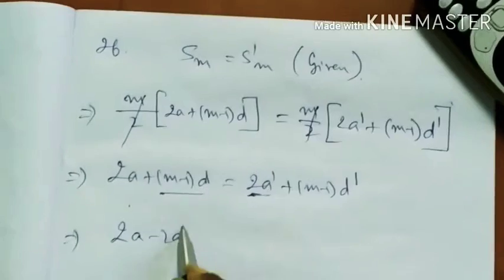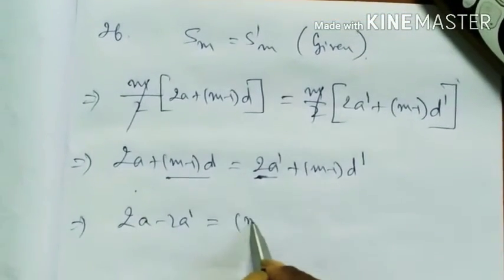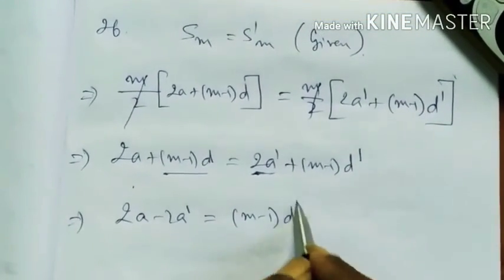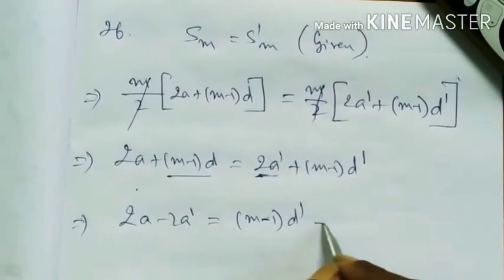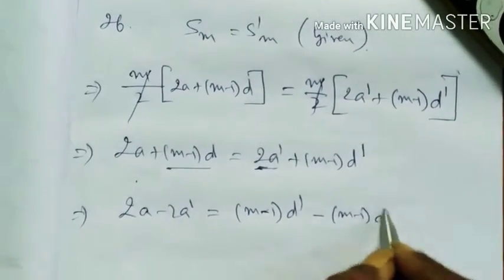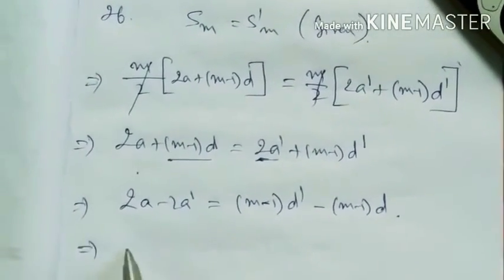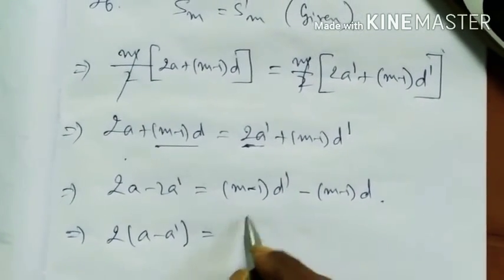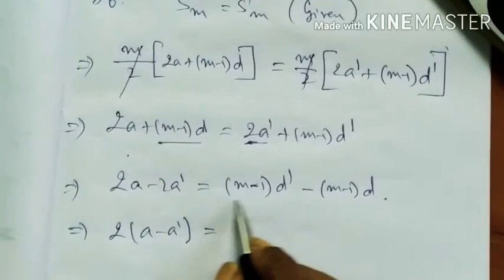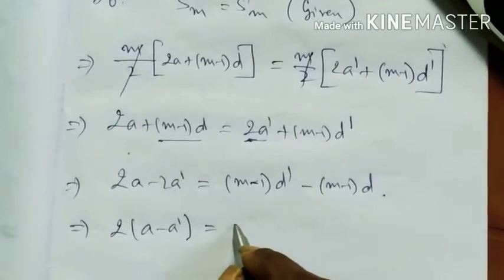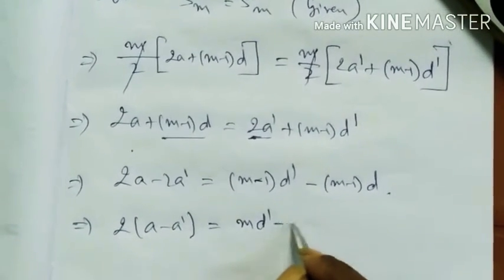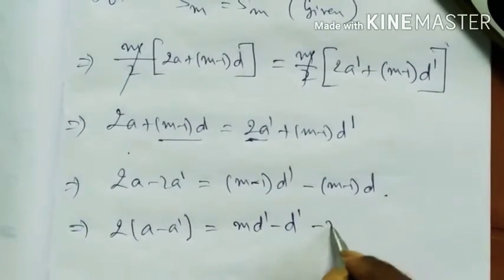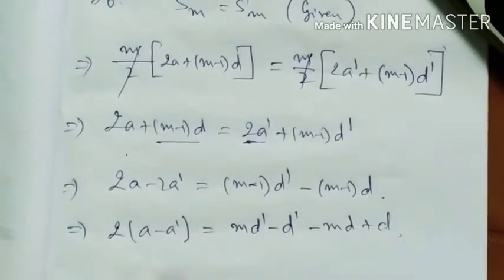2a minus 2a dash is equal to m minus 1 d dash, m minus 1 minus m minus 1 d. So here 2 is common, a minus a dash, and here we make a simplification. That is, the simplification is m d dash minus d dash minus md plus d.